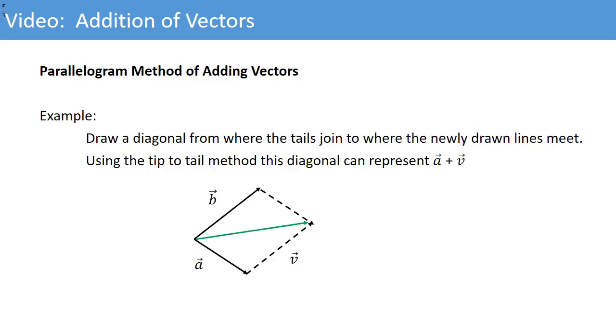Using the tip to tail method, this diagonal can represent vector A plus vector V, which would also represent vector A plus vector B.